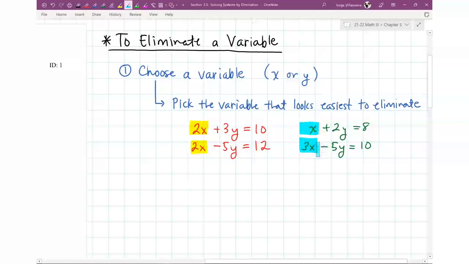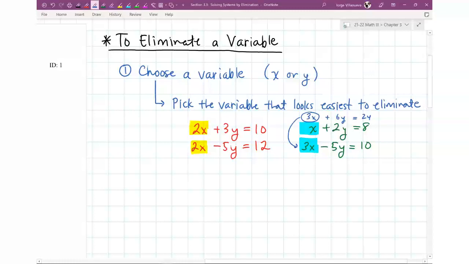If I just were to multiply the top equation by 3, you see how I would make a match? 3 times x is 3x, 3 times 2 is 6y, 3 times 8 is 24. You see how this would match that just by multiplying it by 3? You can do that. And again, we're going to do this as we go through the lesson. I'm not trying to jump too far ahead right now, but I'm doing that by just showing you this.